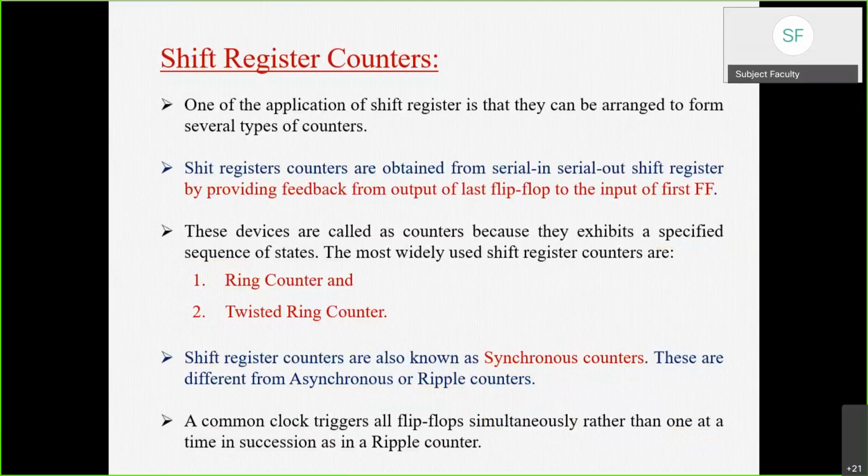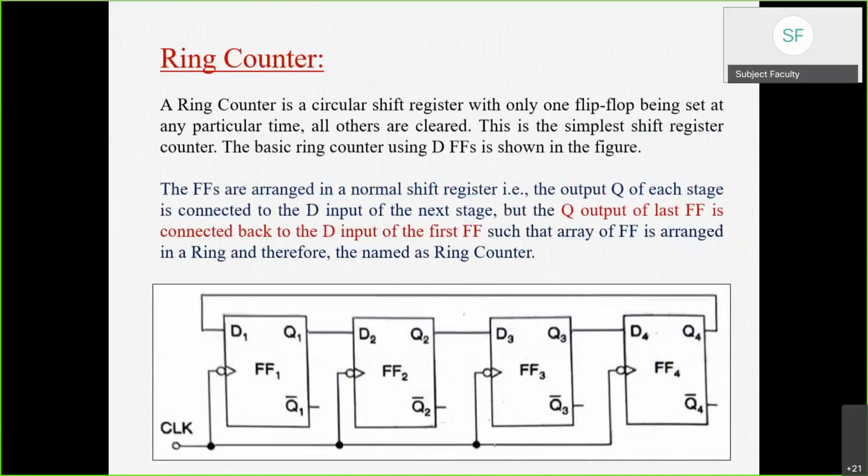Okay. Now we will move towards our main topic, that is the ring counter. Under this discussion of the application of shift registers as counters, we will see two types of circuits. First is the ring counter and second is the twisted counter. Okay. So this is the circuit diagram or logic diagram of the ring counter.